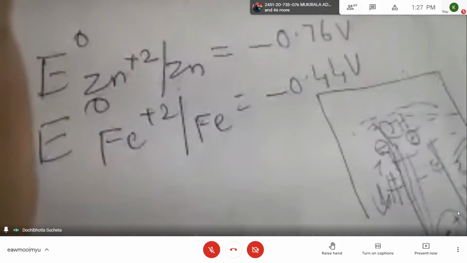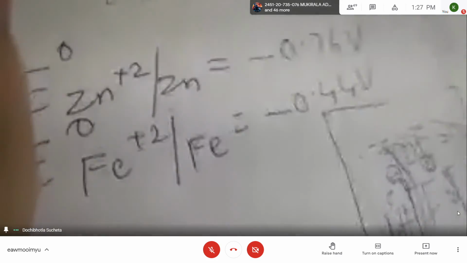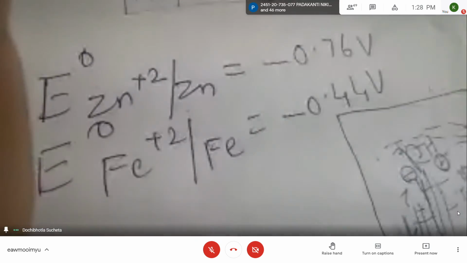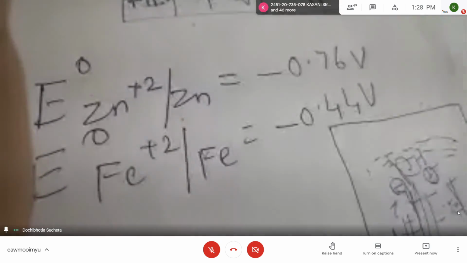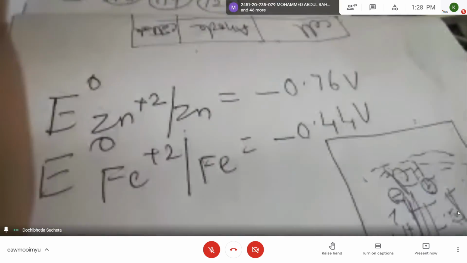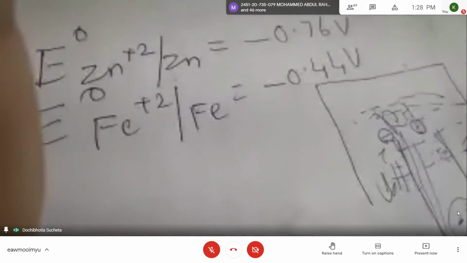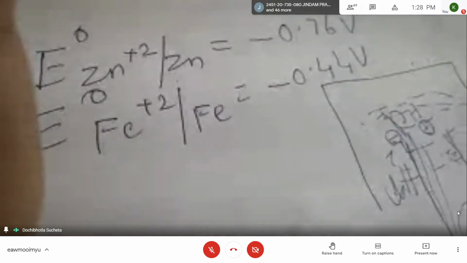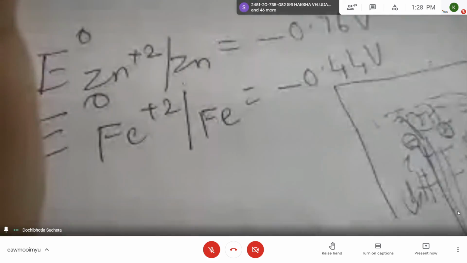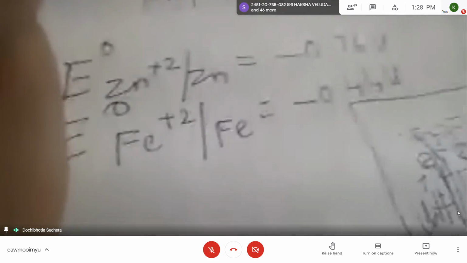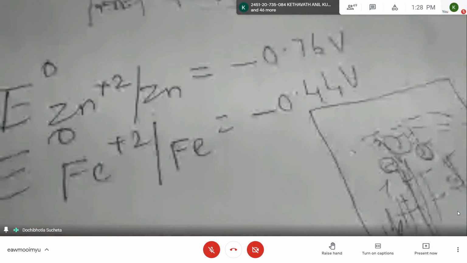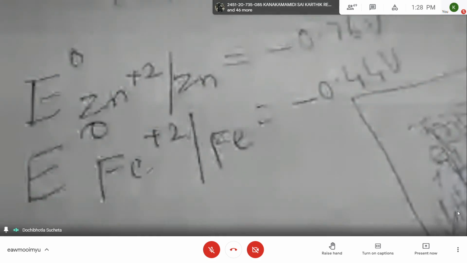Which is anode and which is cathode? Iron is cathode. Why? Minus. So out of these two, zinc and iron, which will act as anode? Zinc. And which will act as cathode? Iron. Easy.